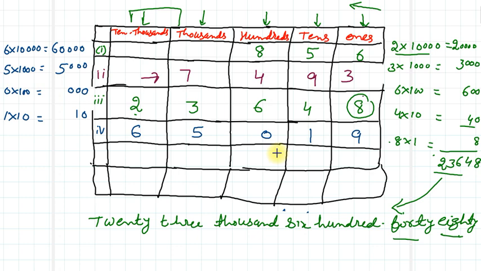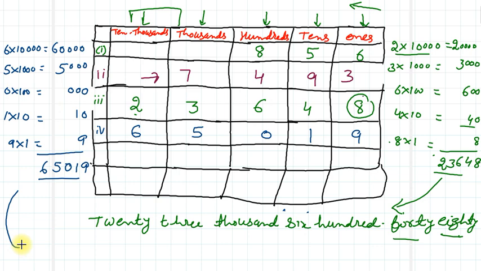And 9 into 1 has become 9. So now we will add it, so this has become 65,019. Now we will write it in words.